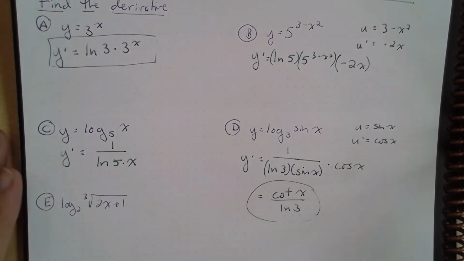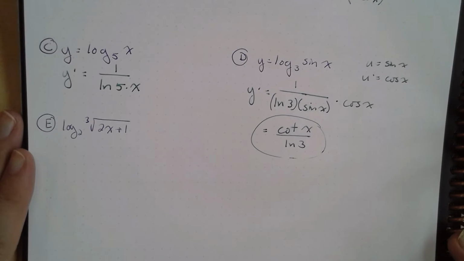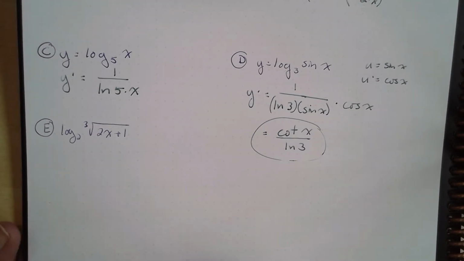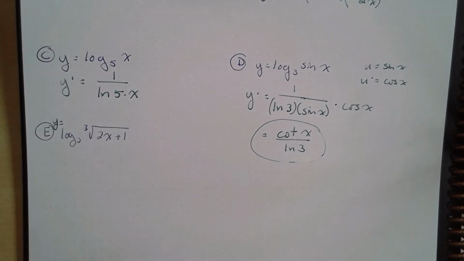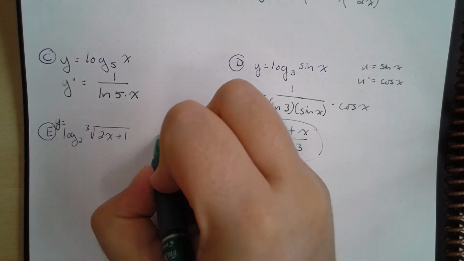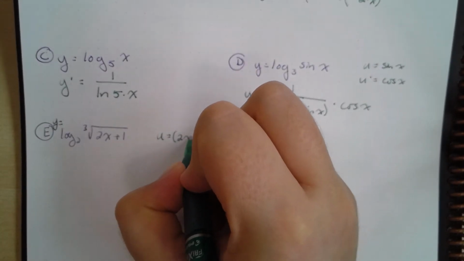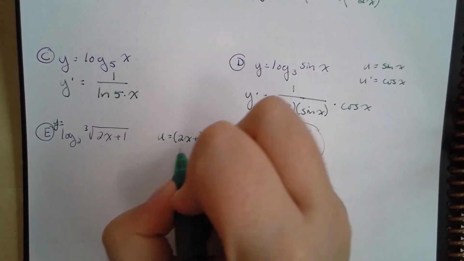And let's do one a little more complicated. Why not? Life is for living. So here we have, oh, I forgot to put my y equals. This is y equals log base 2 of the cubed root of 2x plus 1. Here u is equal to 2x plus 1 to the 1/3 power.